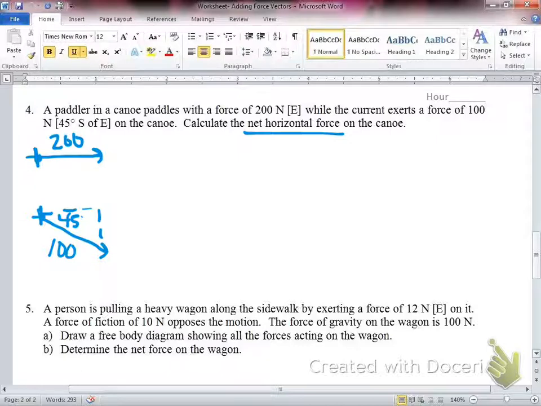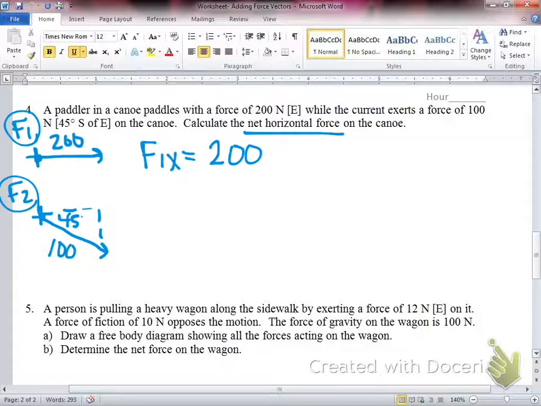Let's look at our first force here, F sub 1. This one we'll call F sub 2. F sub 1x is equal to what? 200, right? That's our whole force here, is only in the x direction. And it's in the positive x direction, so we can work with that.